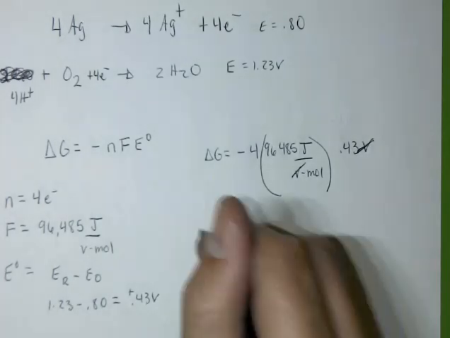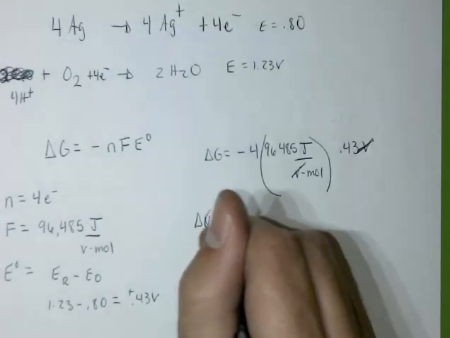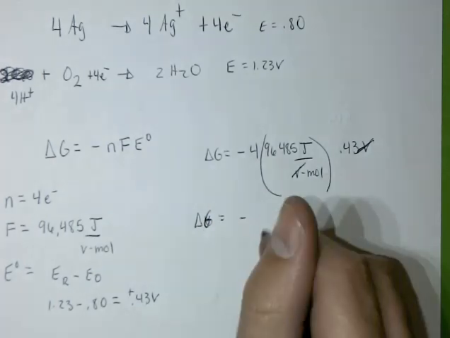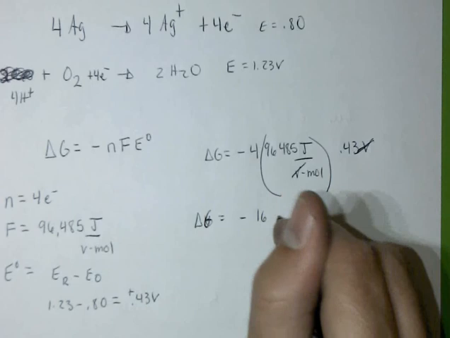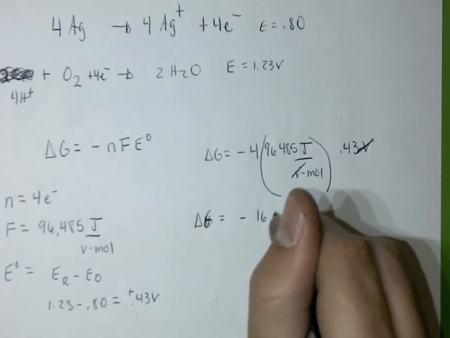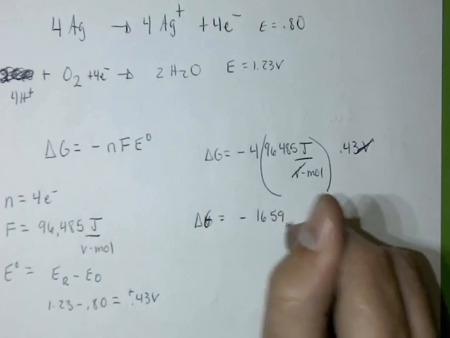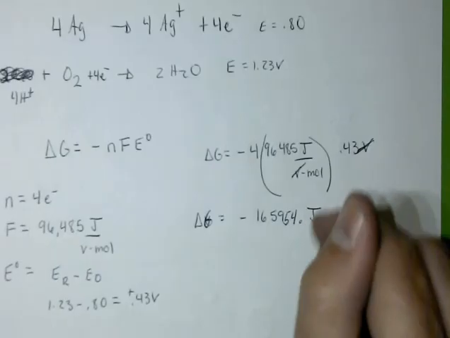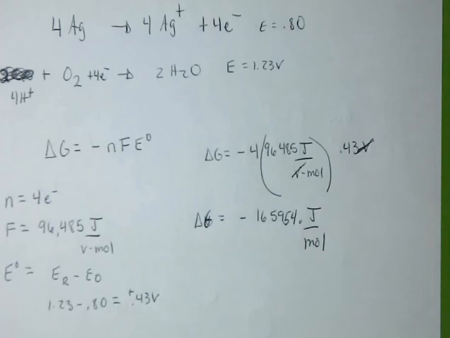So delta G ends up being negative 165,954 joules per mole. Notice that it's negative, so yes, spontaneous, and that's the free energy that's allowed to do work.